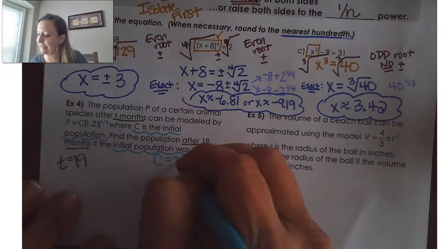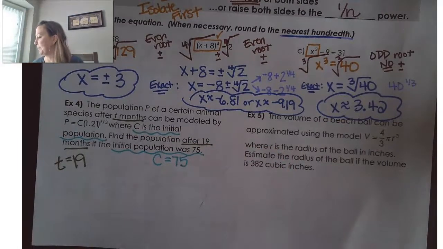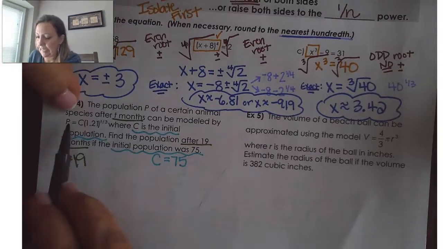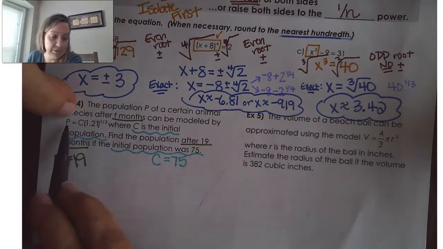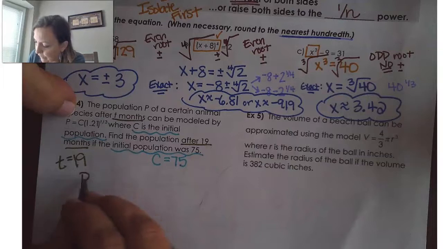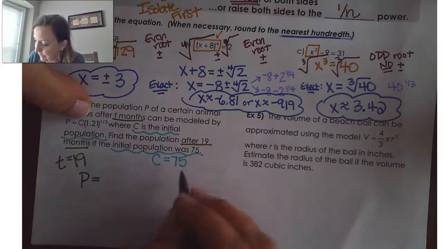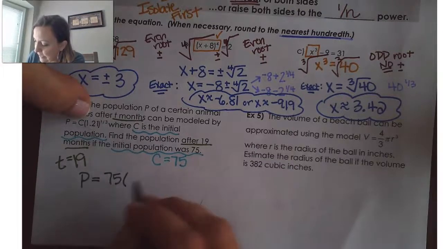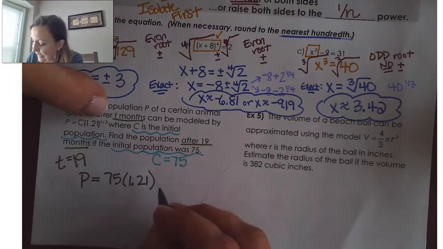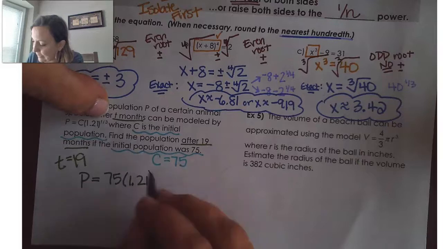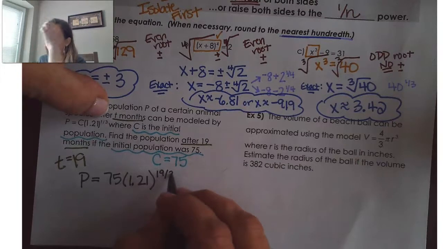So that's saying that C is 75. Then you guys just legit put those in here. So P equals, we don't know what P is, right? So P equals C, we said that was 75, times 1.21 to the T, which we now know is 19 over 3.